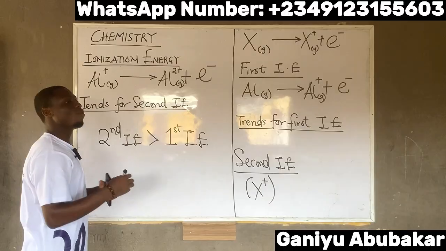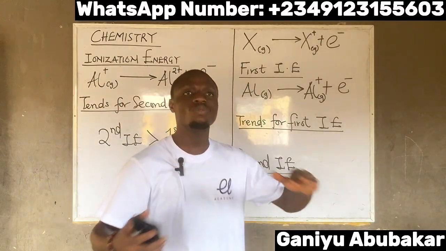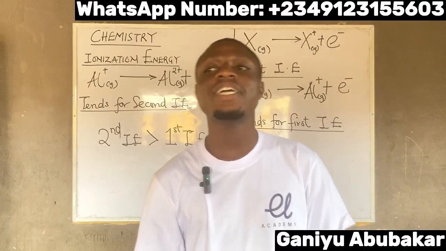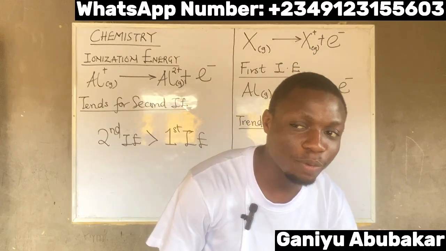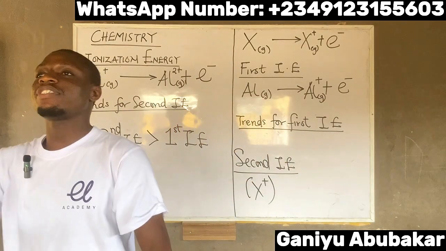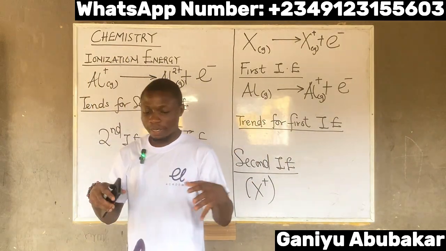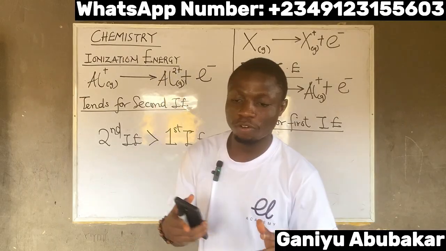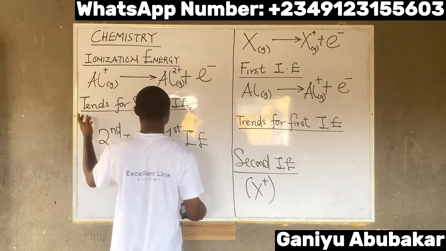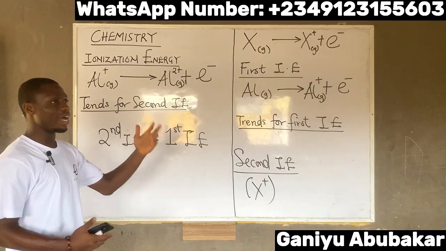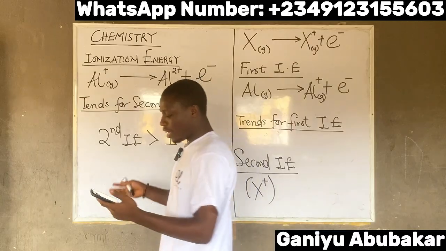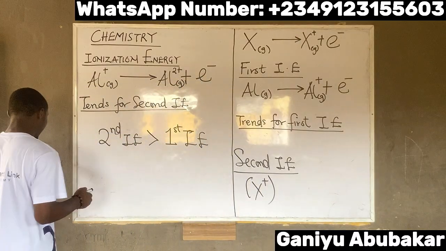So what I'm saying is that the main trend for IE is that it decreases down the group and increases across the period. That's the main trend, though unpredictable. But for these other ones, second IE and third IE, it is more of a greater-than and less-than concept. Let's do the third IE, please.